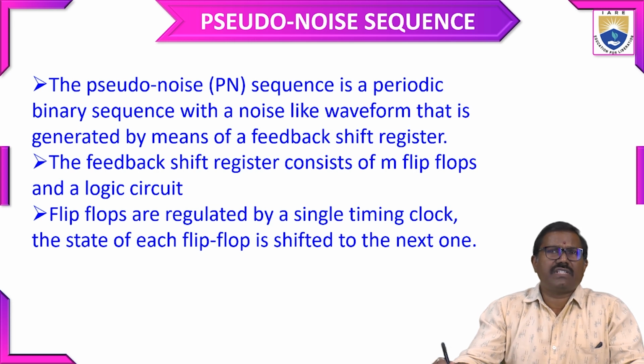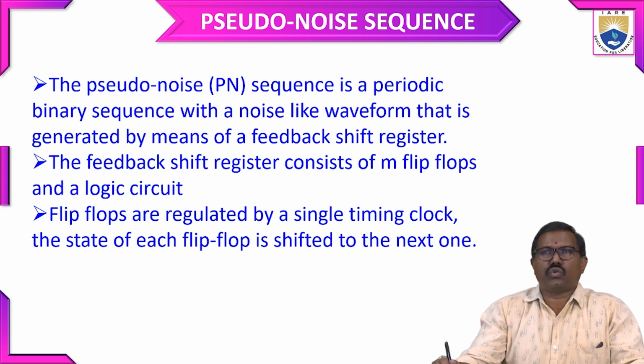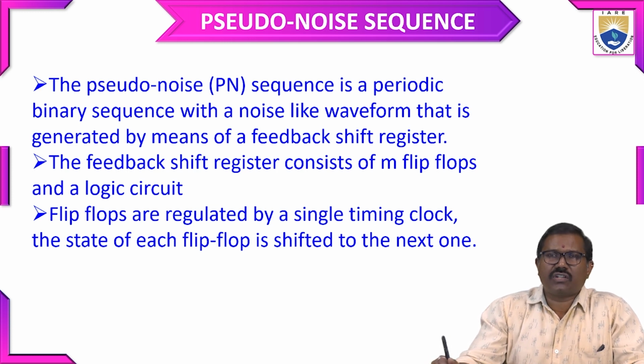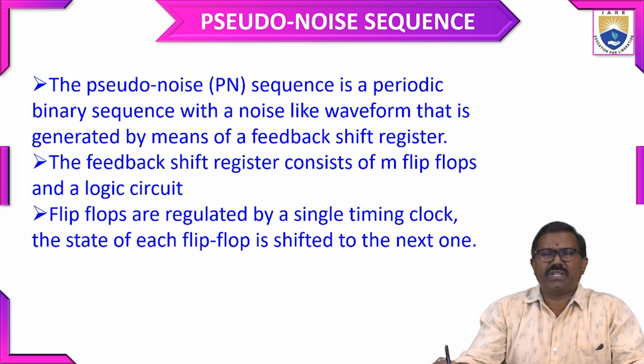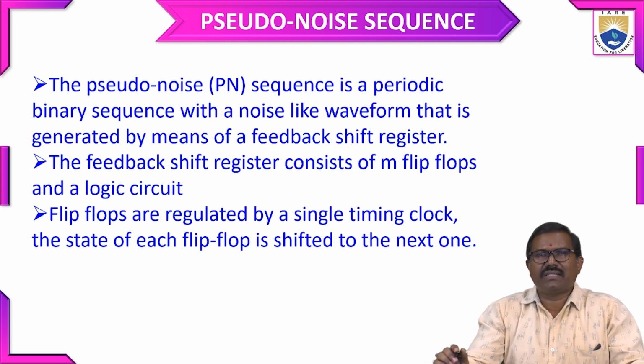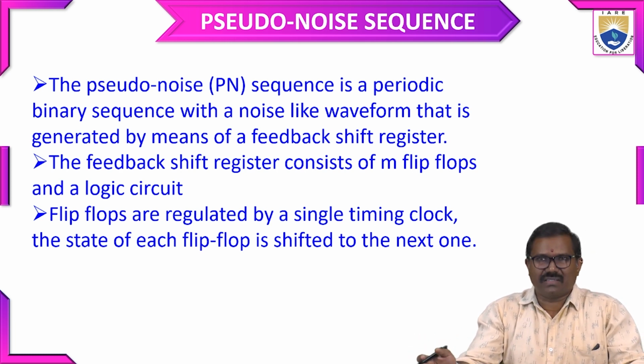The feedback shift register consists of M flip-flops and a logic circuit. The flip-flops are regulated by a single timing clock. The state of each flip-flop is shifted to the next one. That means for every clock tick, the flip-flop state changes from one state to another.